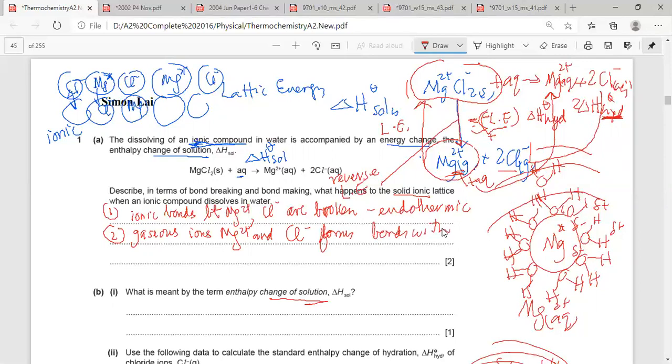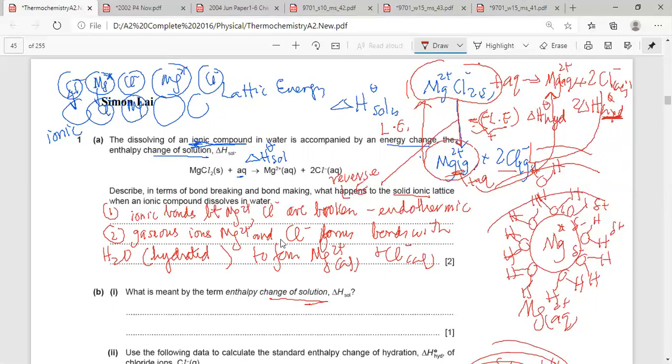This is called hydrated with water, to form Mg²⁺ aqueous and Cl⁻ aqueous.